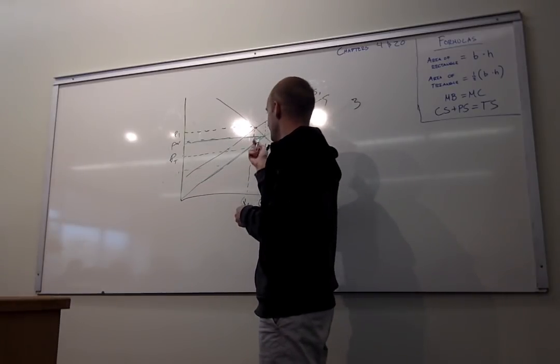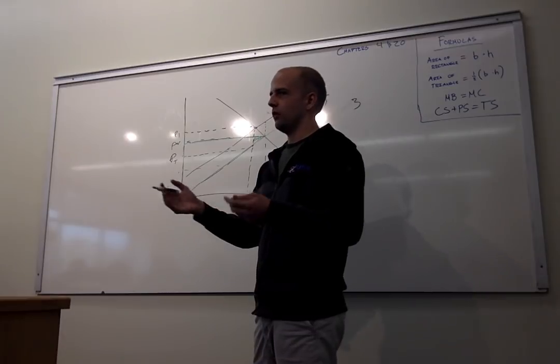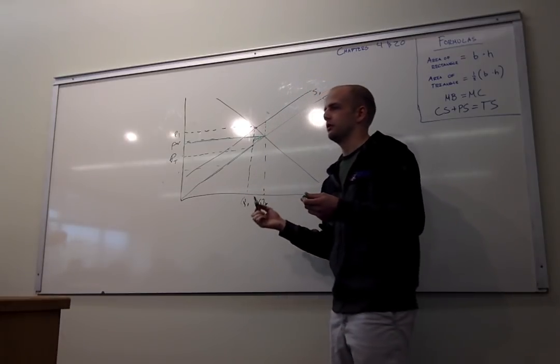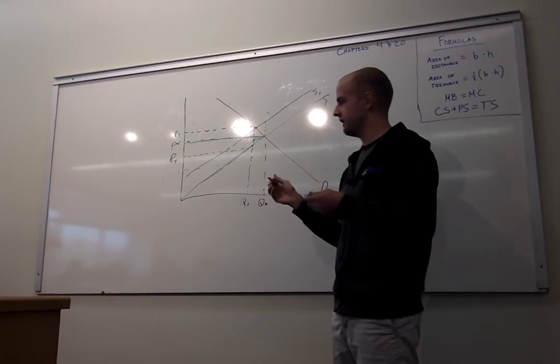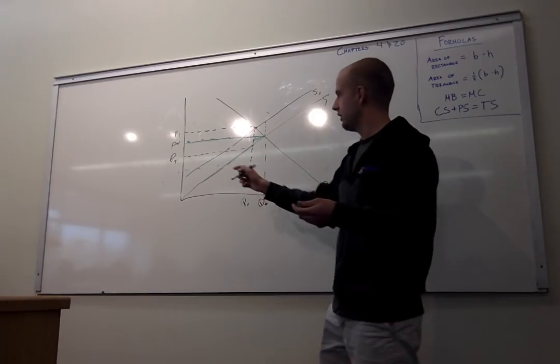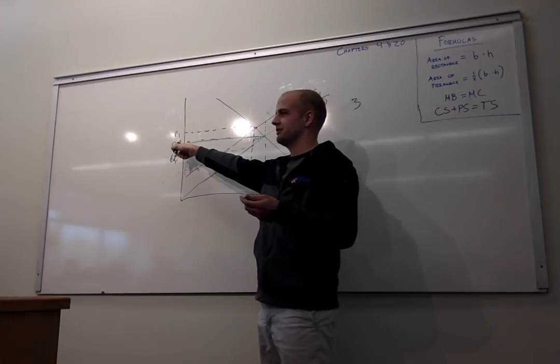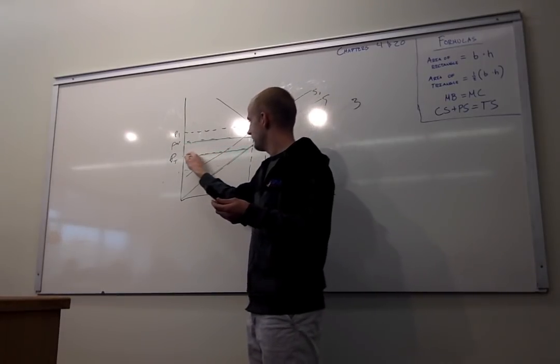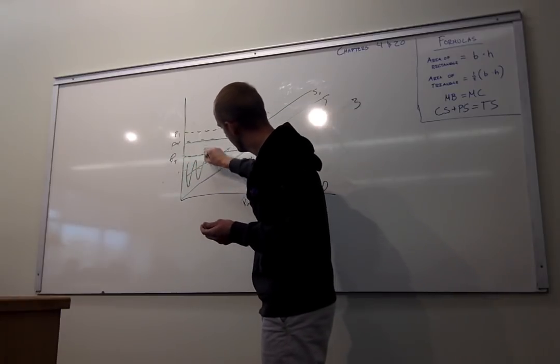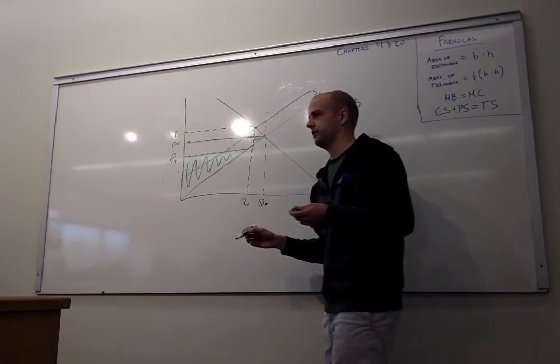Partially, you're right, that's important. But how is producer surplus calculated? It's below the price that you're effectively getting, but above the supply curve. Are they getting this equilibrium price? They're actually getting this price right here. So this whole area is producer surplus.